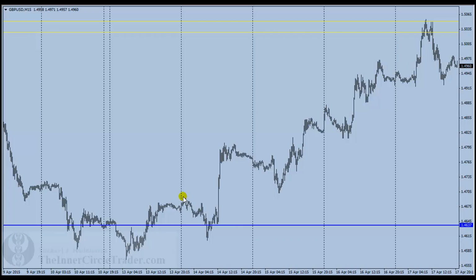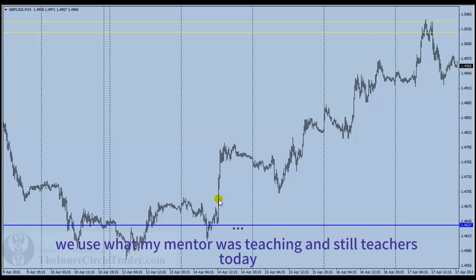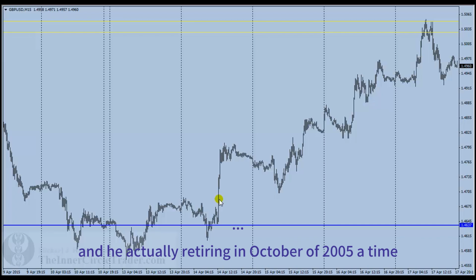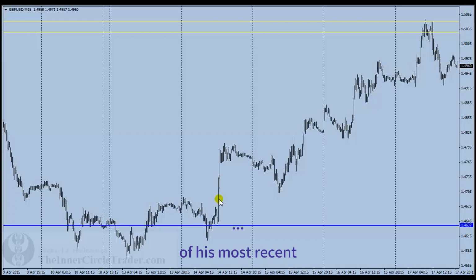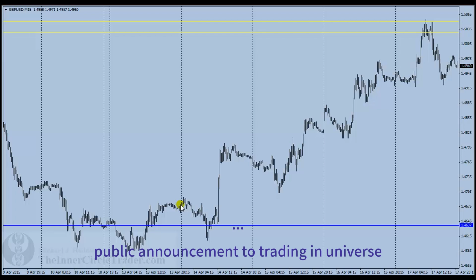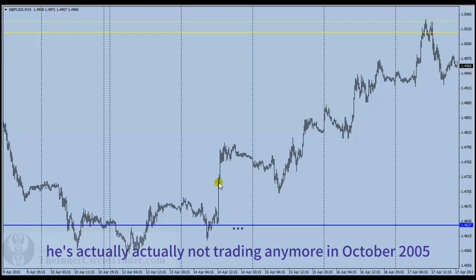So looking at what he suggests, he likes to buy 20% of the average daily range added to the opening price, and then that's when he'll be a buyer. Well, let's say the opening price is here, and we're just going to roughly say he's buying up here.